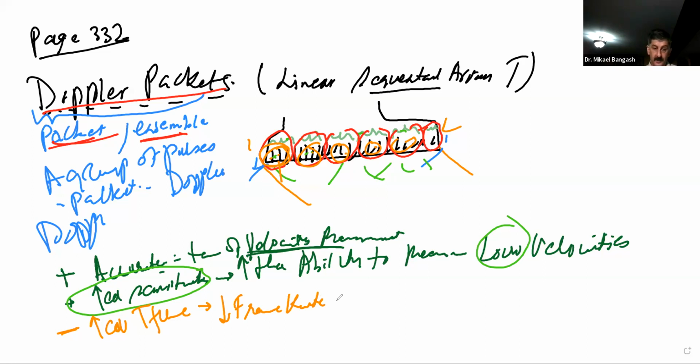And what these two mainly lead to, we can say, is reduced temporal resolution. Now that may be contradicting what we see up here.